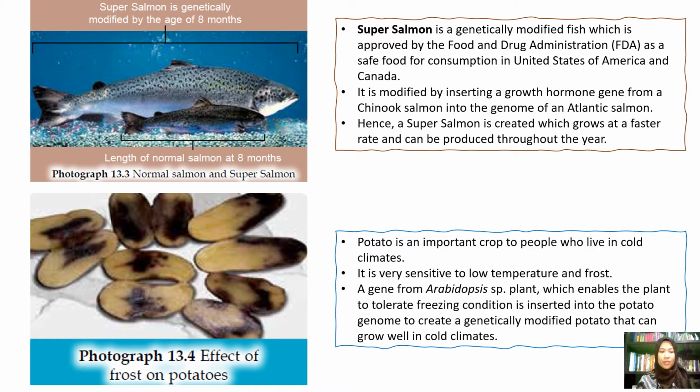Next, super salmon, okay, genetically modified by the age of 8 months. How? Okay, this type of GMF modified and approved by FDA. Maksudnya worldwide memang approved, okay, as a safe food for consumption in US and Canada.